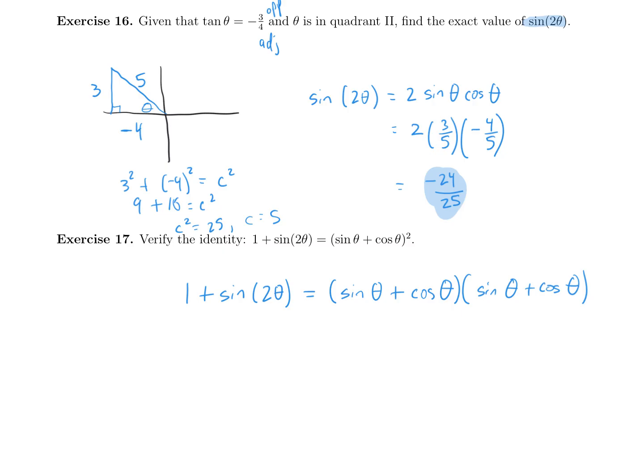If you do the first term, you will get sine squared. Outer, sine cosine, inner, sine cosine again, and finally last gives us cosine squared.